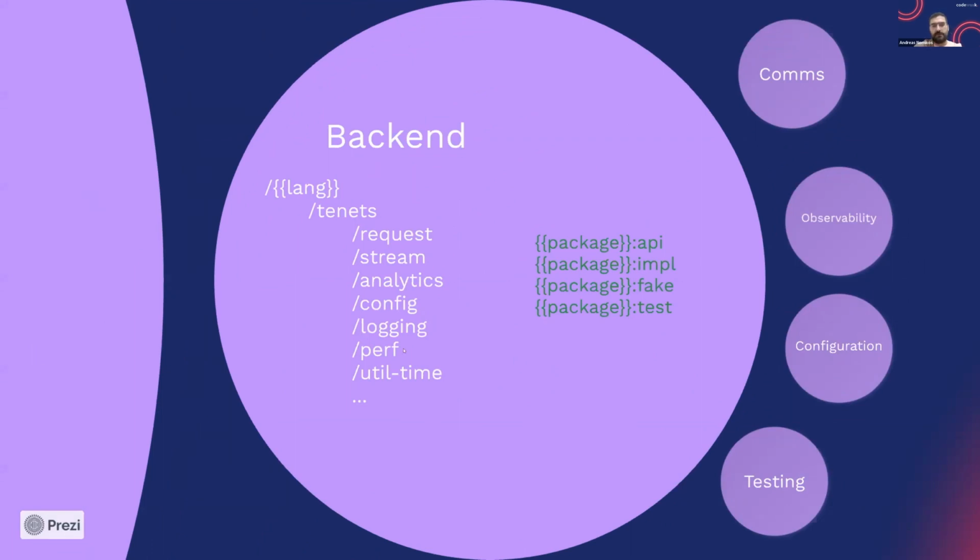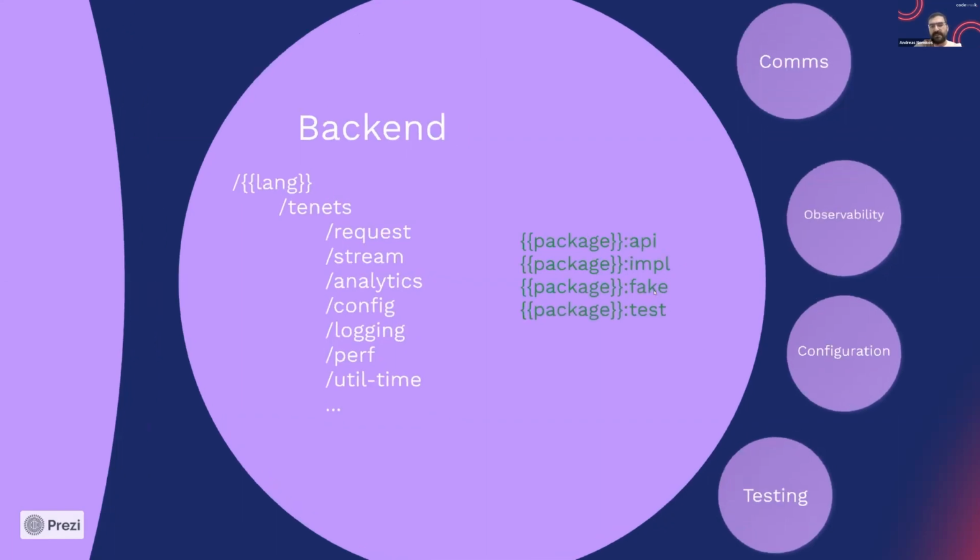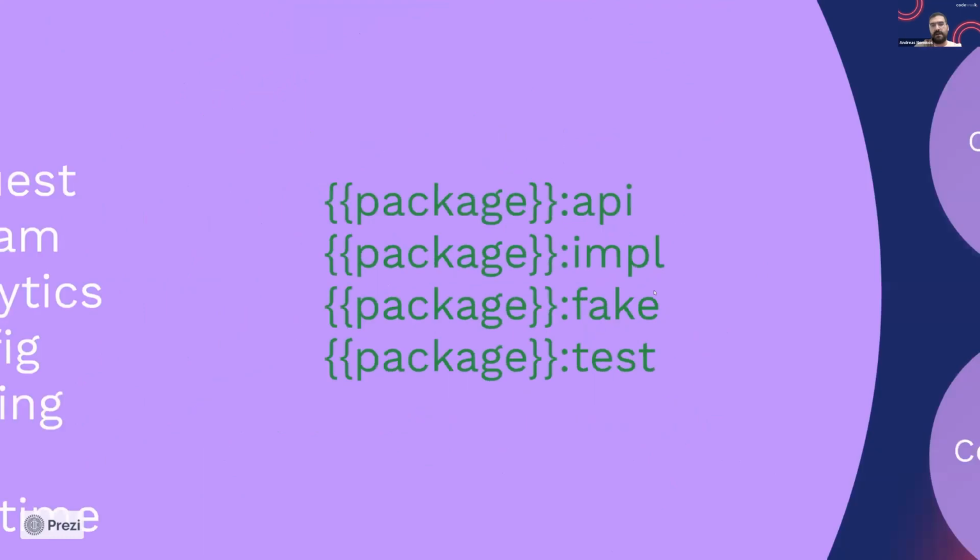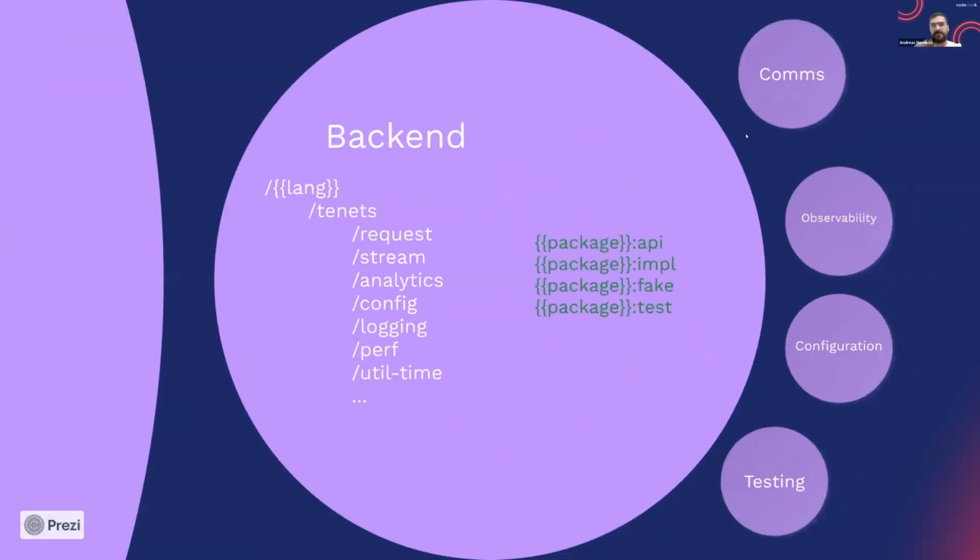Configuration management for your applications, or logging or performance logging, or other generic utilities like time utilities, or depending on what the specific domain of your company is. The basic breakdown of such a package usually separates the API from the implementation. And then you might add some fake implementations for unit testing, then the tests of the package themselves.